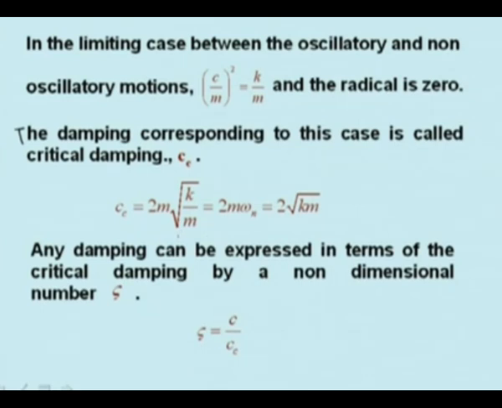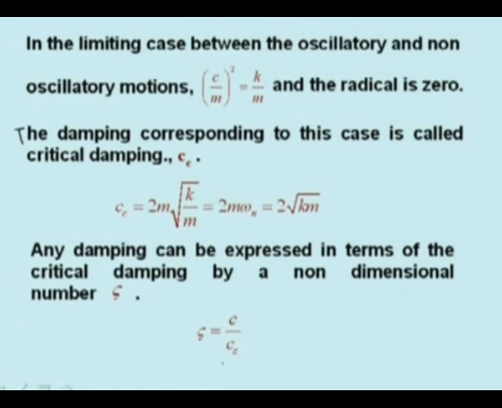So Cc is equal to 2m under root (k by m), or 2m omega n, or 2 under root km. Critical damping is a property of the system. Any damping more than the critical damping is called over damping, and any damping less than the critical damping is called under damping.